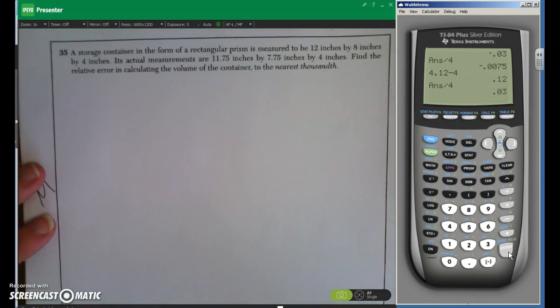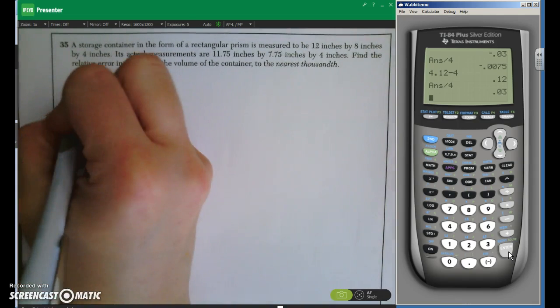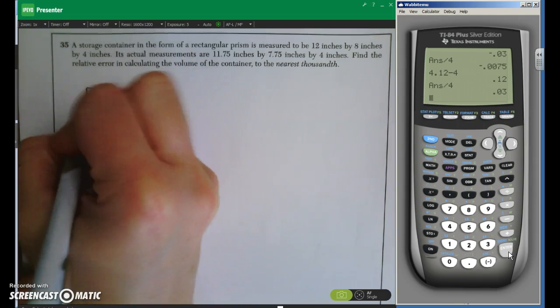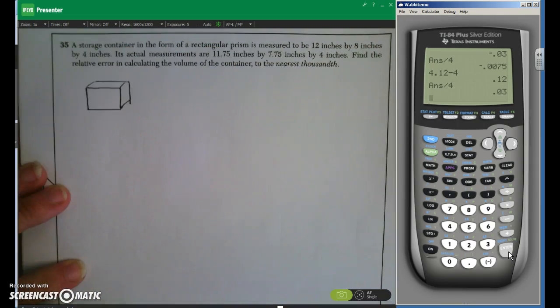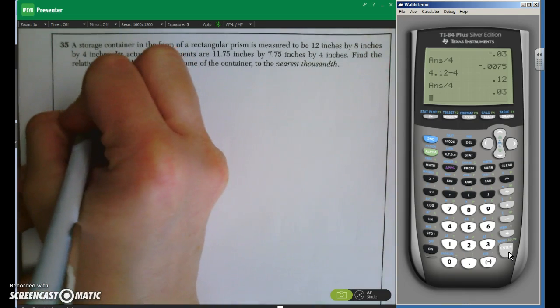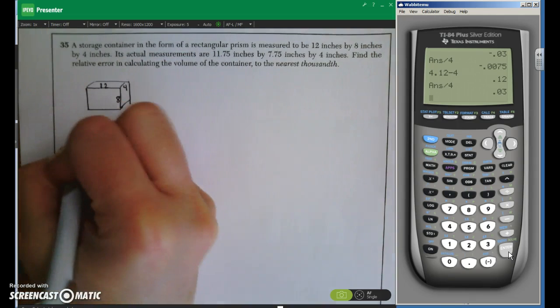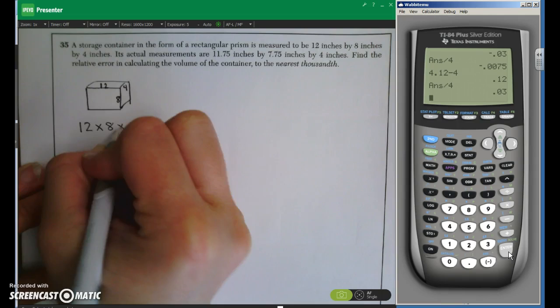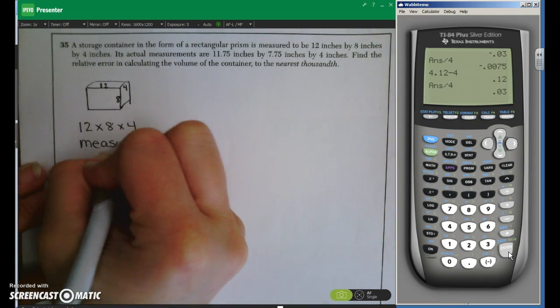Okay. This is a storage container in the form of a rectangular prism. So now I'm just going to draw my rectangular prism. It's not going to be beautiful. Okay. And it says it is measured to be 12 by 8 by 4. This was the measured value.